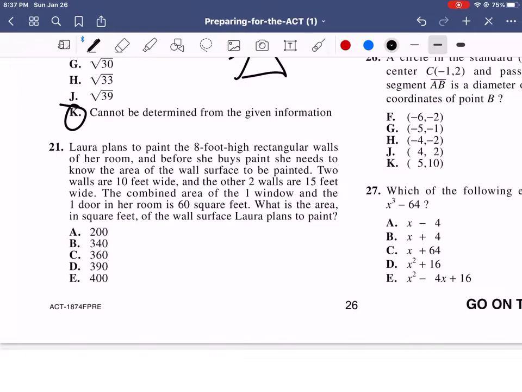So you're finding how much area she's covering.